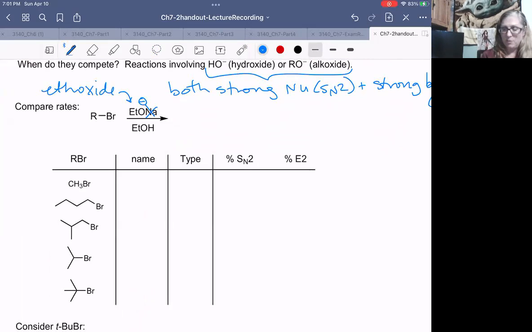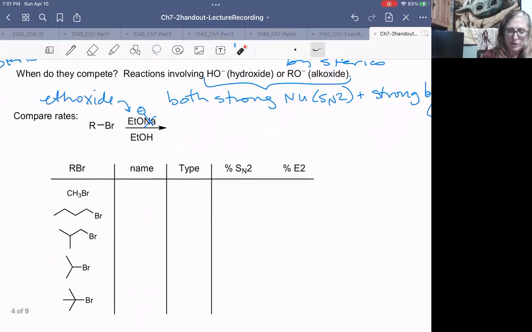And so that fits one of our situations here, where yes, it can be a strong nucleophile. If it was a nucleophile, what would the reaction look like? That's a substitution reaction. Sn2 means that instead of the halide, I would have an ethoxy group attached at that position, by backside attack.